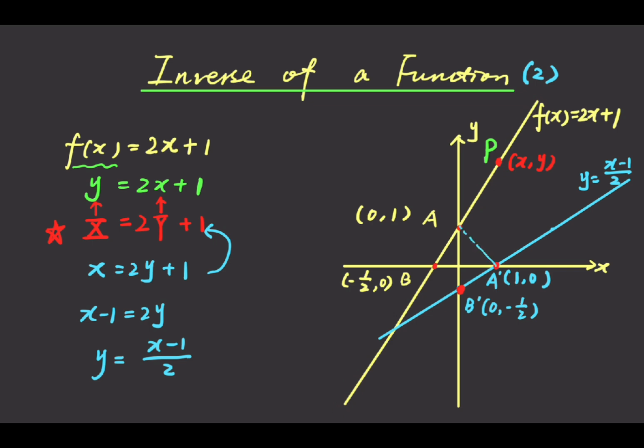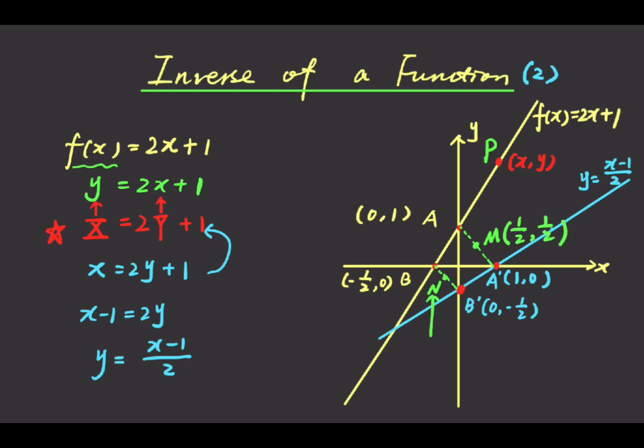Now, if we connect these 2 points, we can figure out the line segment AA prime, the line segment BB prime. Here, the midpoint, here, the midpoint M. You can easily figure out the midpoint coordinate should be 1 over 2, 1 over 2.